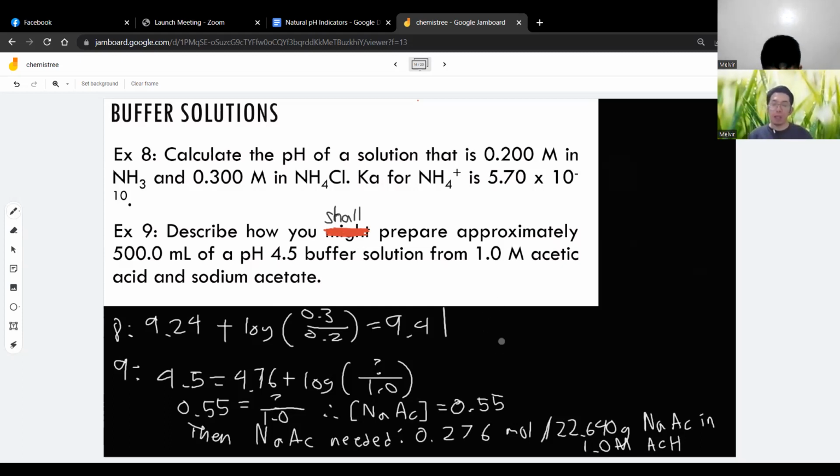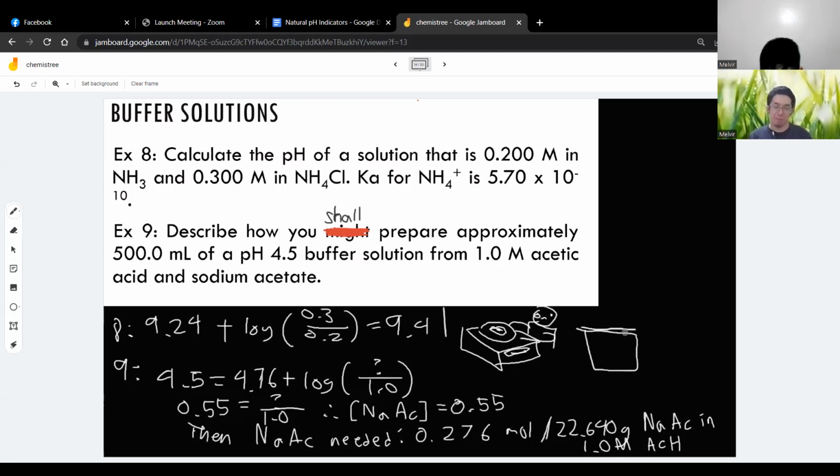Hindi kasi siya yung, hindi ganyan yung final answer. Measure 22.640 grams.